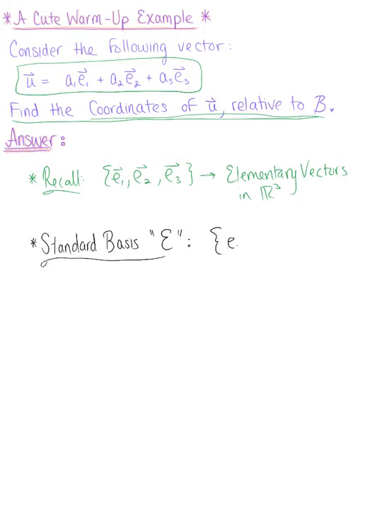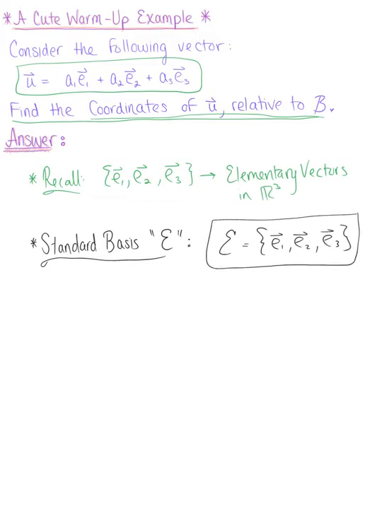So here we can say that our standard basis E is the set of vectors e sub 1, e sub 2, e sub 3. Now, since our basis consists of the elementary vectors, we can rewrite our vector u as follows.